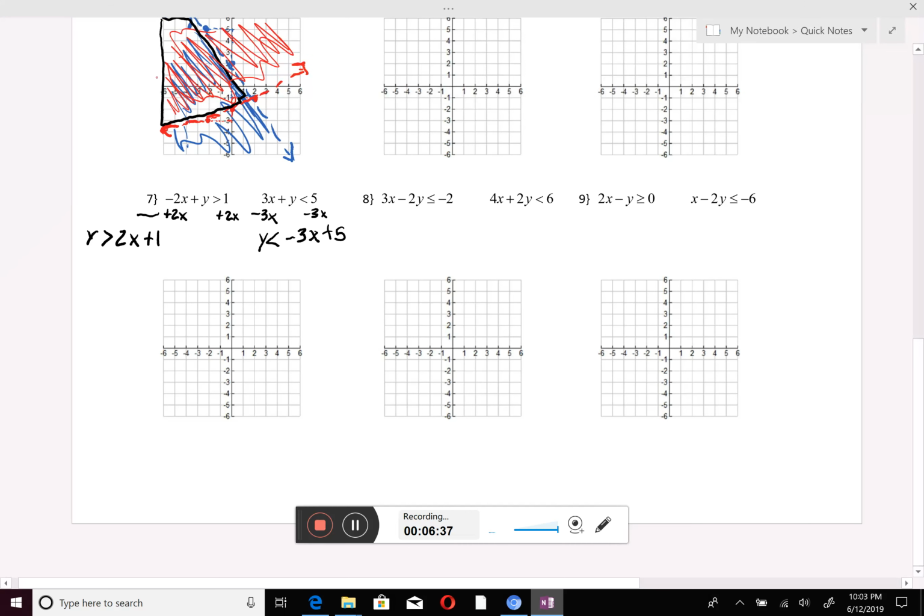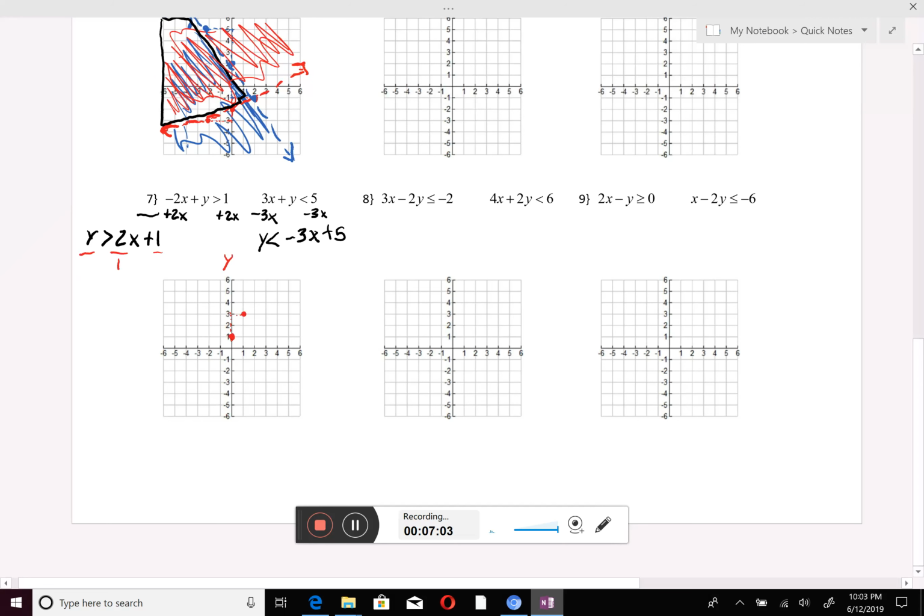So I'll make my left equation red. Start on my y-axis at the intercept. Since it's plus 1, I'll start at positive 1. And we can think about this as a slope of 2 over 1. So I'll go up 2 to the right 1.